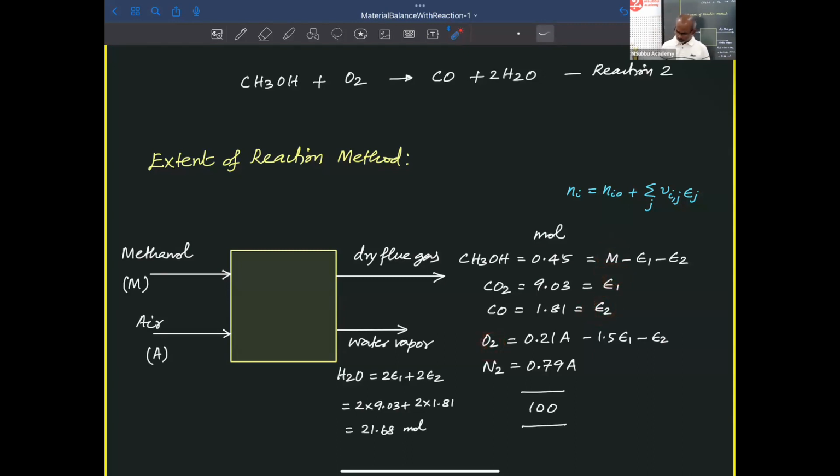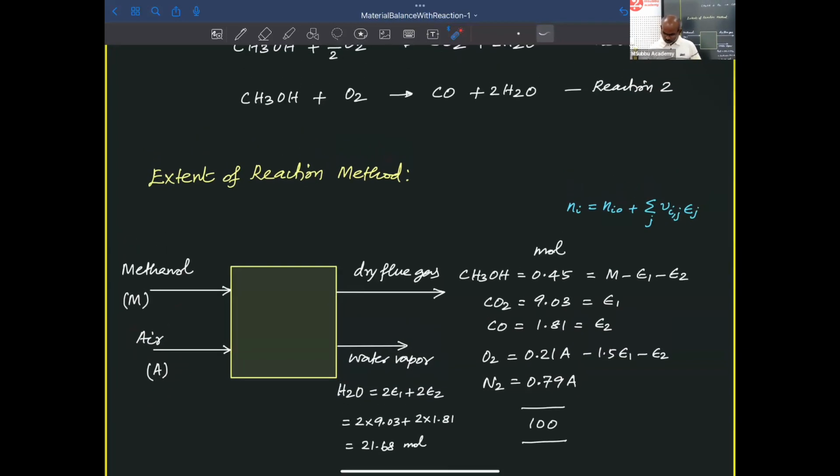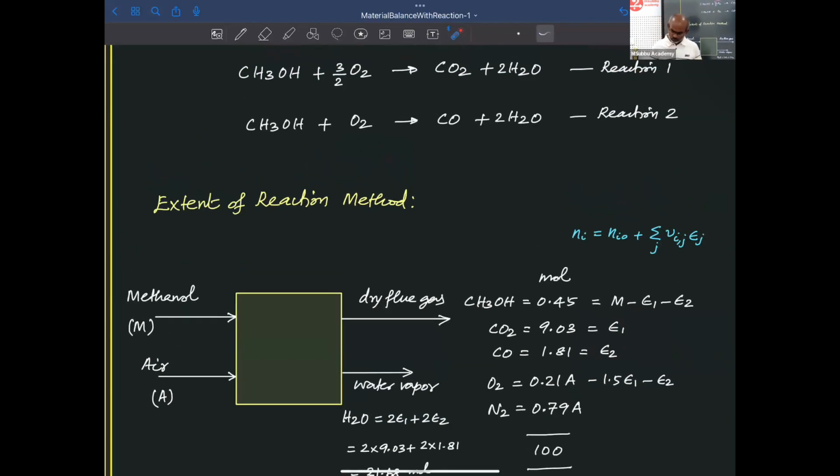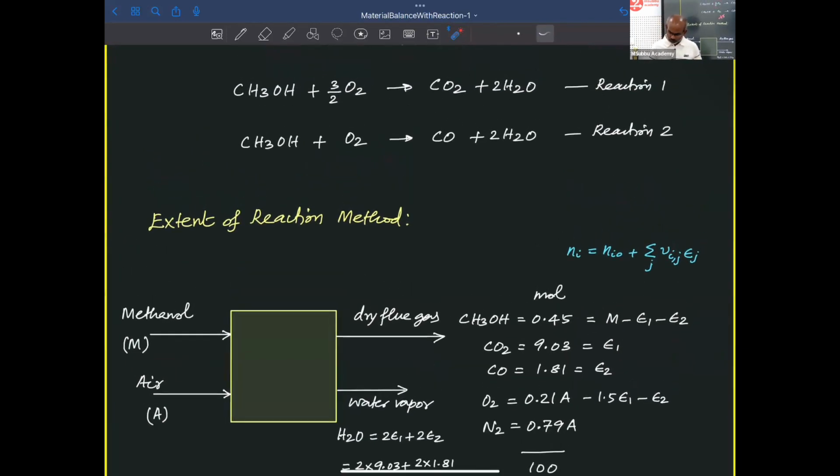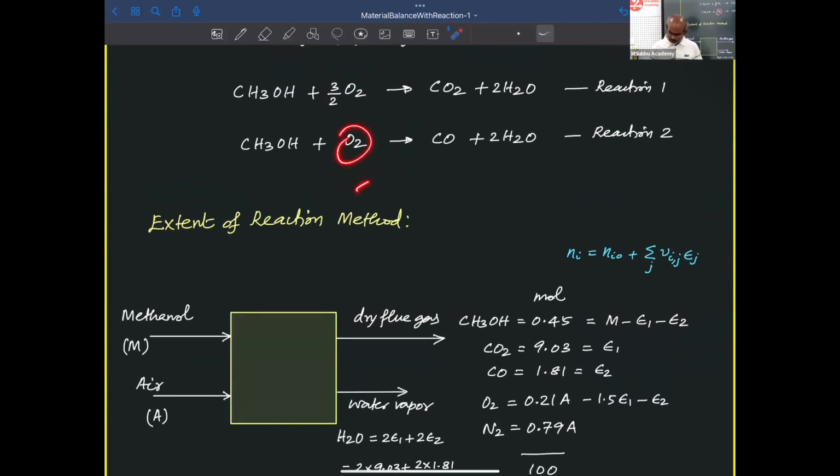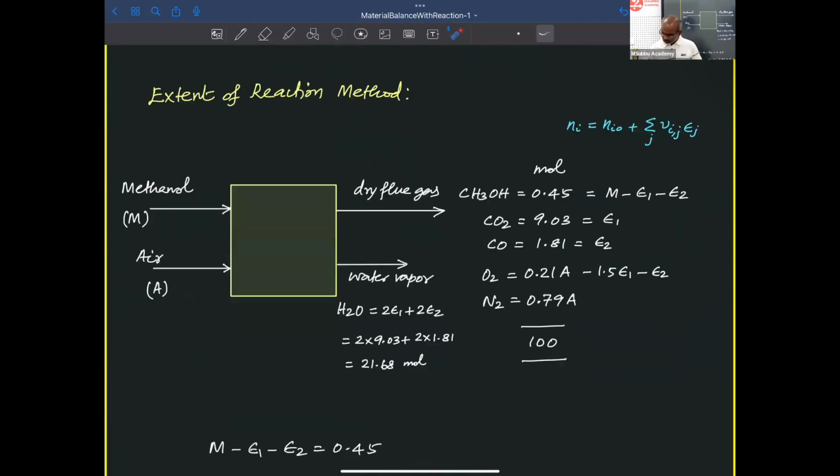O2 in the product: O2 initially present is 0.21. There is molecular O2 entering, which is 0.21 into A, since there is 21% of A. And what is getting consumed is, for the first reaction, -1.5 E1, and for the second reaction, it is -1. That's what is given here.